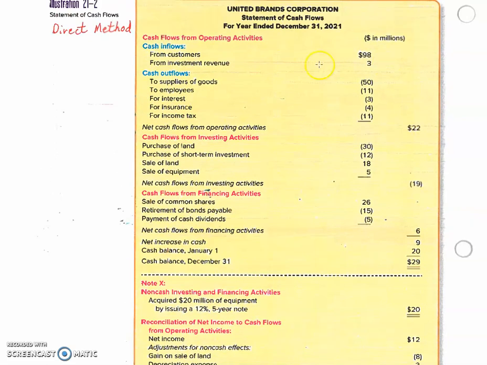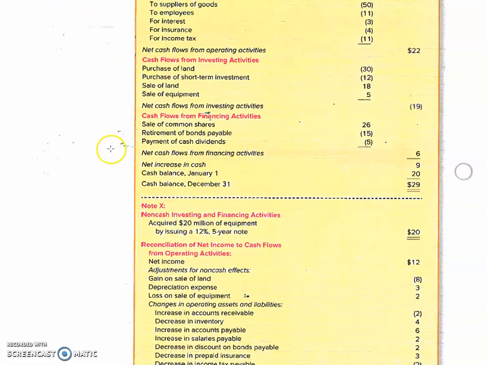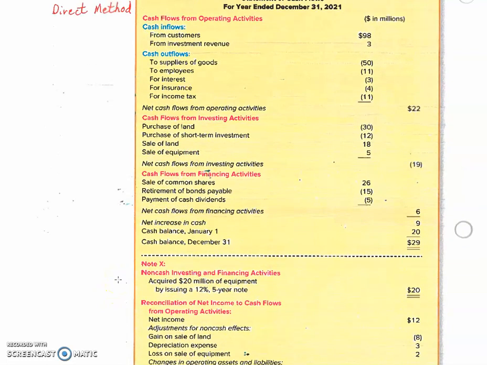Now, I want you to think about this for a minute. There are two methods, the direct method and the indirect method, for providing cash flows from operating activities. Now, which do you think is the preferred method? You can pause the video and think, or I'll just let you think for a few seconds.